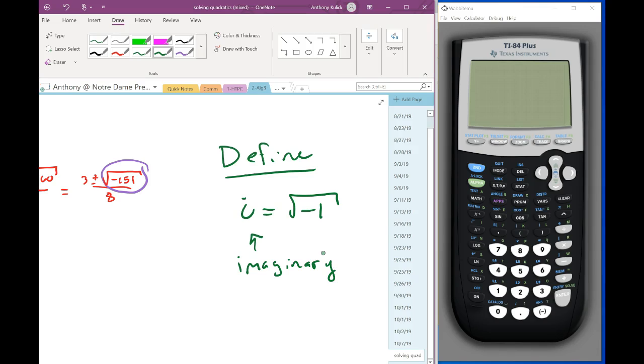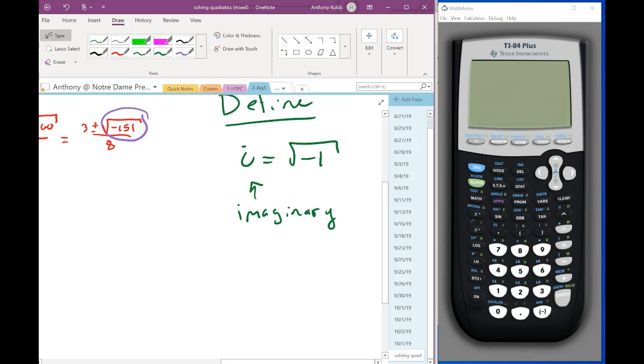It just kind of makes sense from a verbiage standpoint. But you could have just as easily called these the taco numbers or something. The name imaginary doesn't mean it's made up any more than any other number is made up. Okay? So we're going to call the square root of negative 1 i.